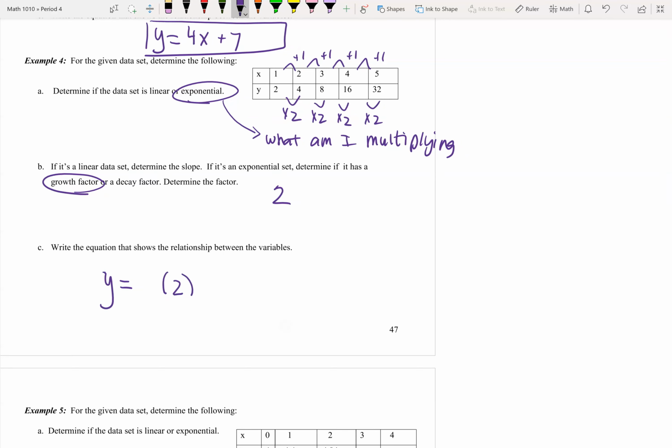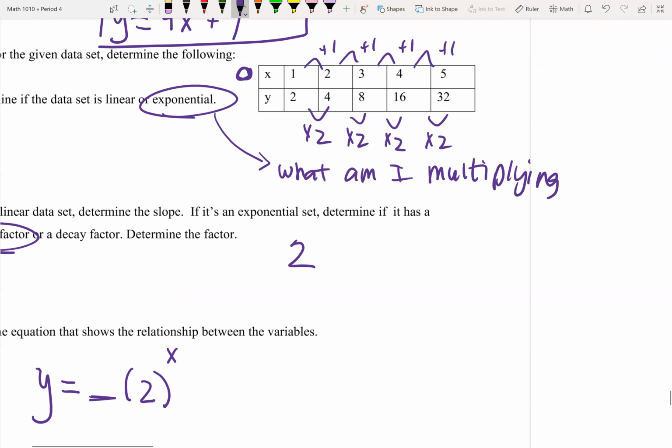I'm going to put it in parentheses, and it's always going to be raised to the x power. Sometimes you have to have a number in the front. Sometimes you don't have to have a number in the front. Okay? You guys, let's go backwards. So if x was a 0, can anybody tell me what y would be using the same pattern?